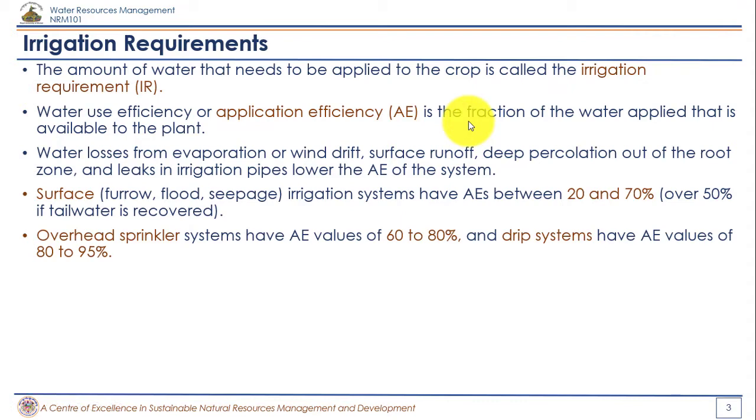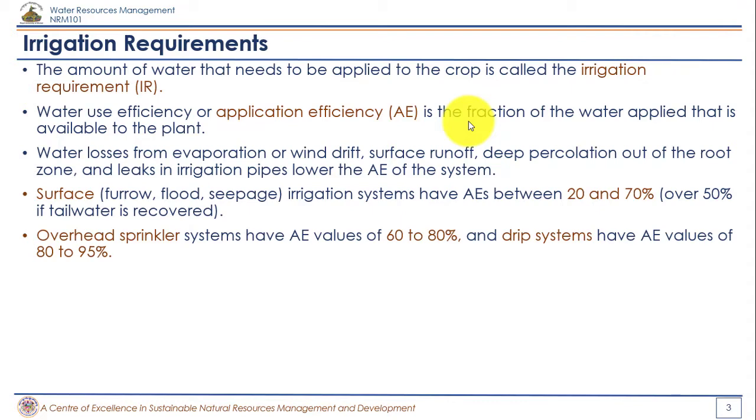So if you are applying, or like if you are using a 5 liter bucket of water and you are applying it to the crops, out of 5 liters, the crop may be having availability of only 1 liter.